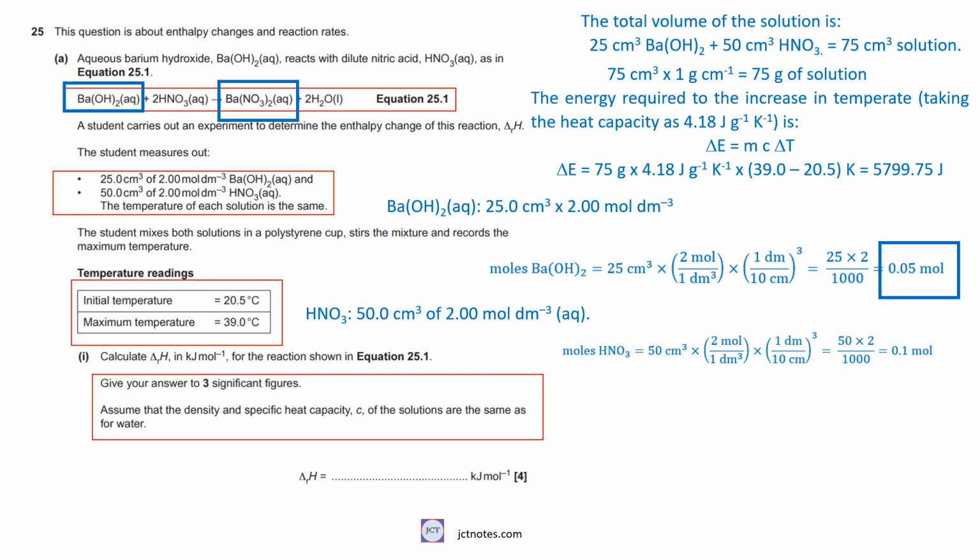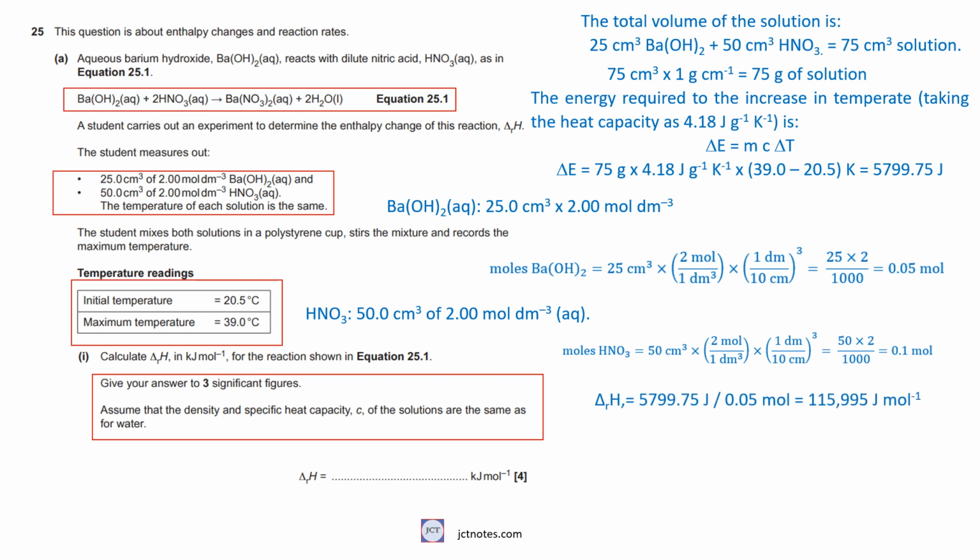As we know that the energy produced by these 0.05 mole is 5799.75 joules, we can calculate the enthalpy of the reaction: 5799.75 joules divided by 0.05 mole is 115,995 joules per mole. Expressed in kilojoules per mole and to three significant figures, we have 116 kilojoules per mole. One final point: as the reaction is exothermic, the enthalpy is negative.